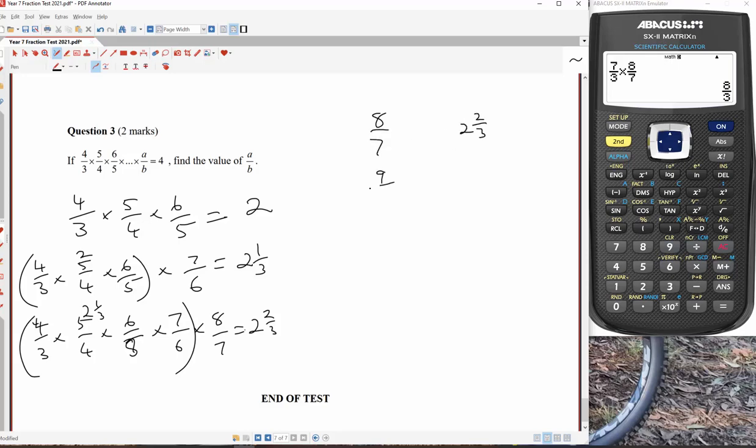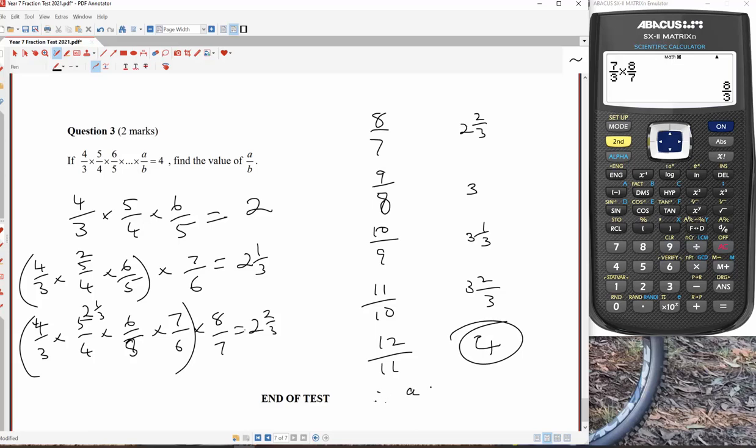So multiplying by 9 on 8 will get us up to 3. 10 on 9, 3 and a third. 11 on 10, 3 and 2/3. And our winner will be 12 on 11, which will get us to 4. Therefore, A is equal to 12 and B is equal to 11, or it is 12 on 11 equals A on B.